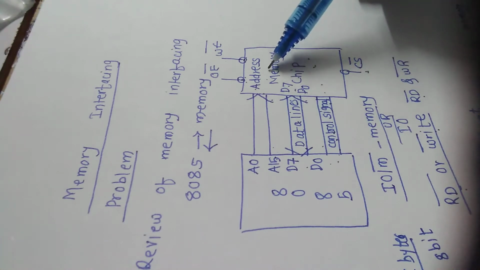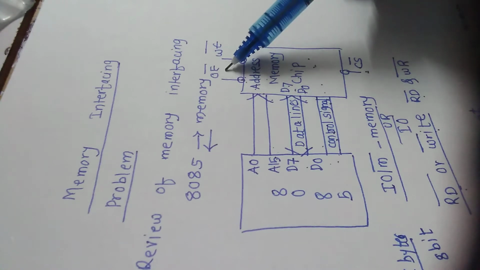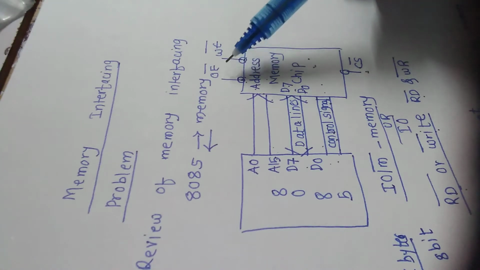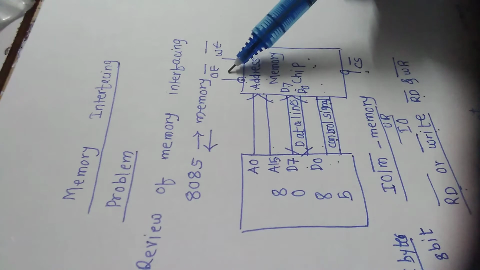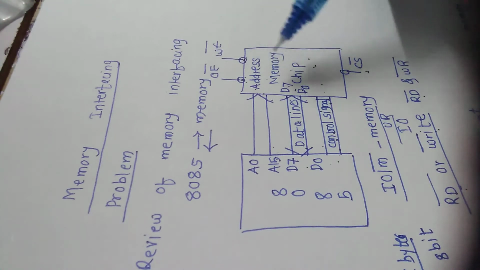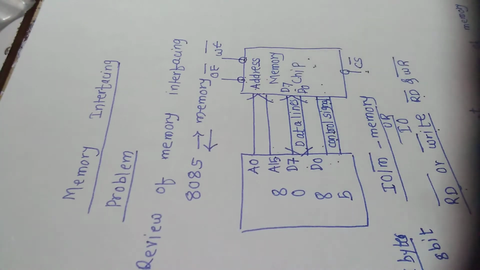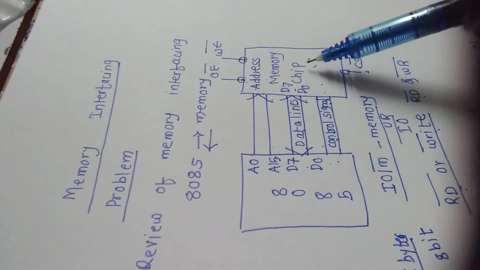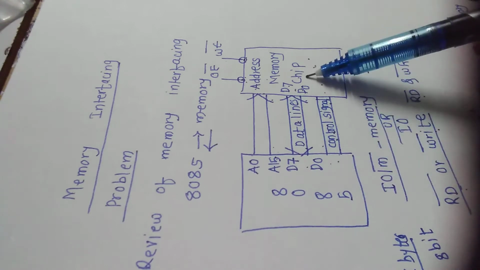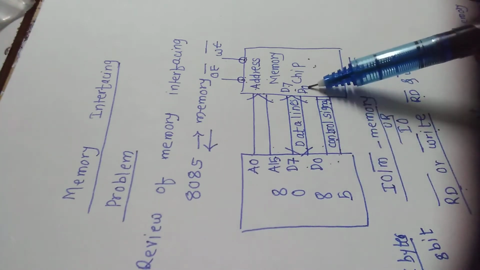To read data from memory, OE bar, again active low, is provided, and for the write operation, the write enable signal, again active low, is provided. This is the basic diagram of memory interfacing, or what memory interfacing actually is.